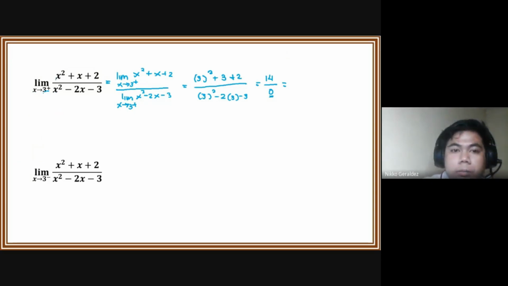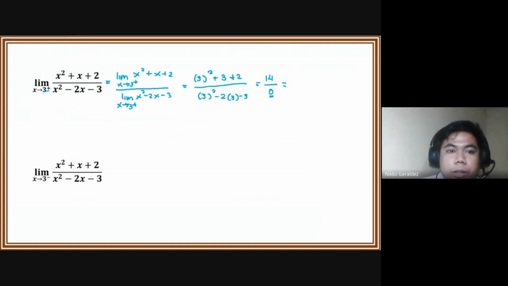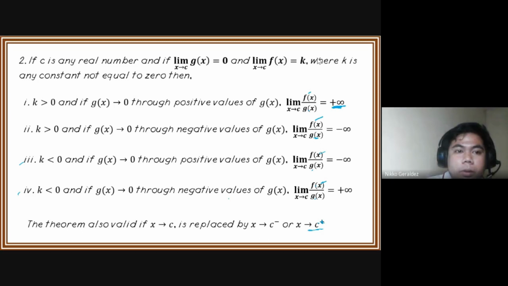So that is case number 1: k is greater than 0, positive, and g of x approaches 0 through positive values. Therefore the limit of the function as x approaches 3 from the right is positive infinity. So that is case 1.